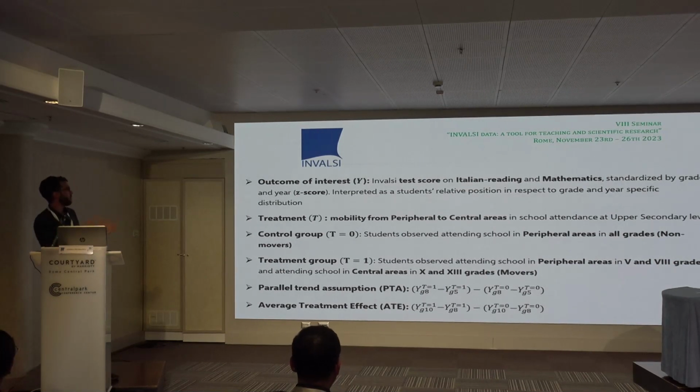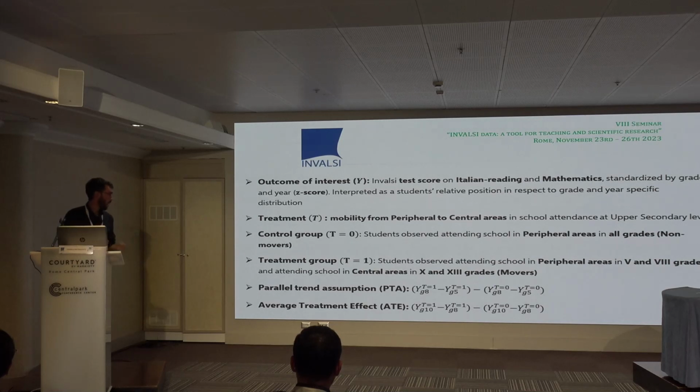So the control group includes all those students who attend school in peripheral areas in all grades, so in 5th, 8th, 10th, and 13th, whereas the treatment group are the students who, in the step from lower secondary school to upper secondary school, move from the peripheral to the central area.